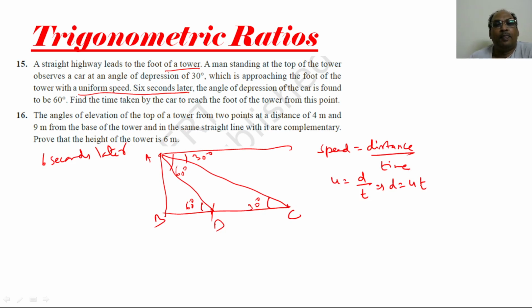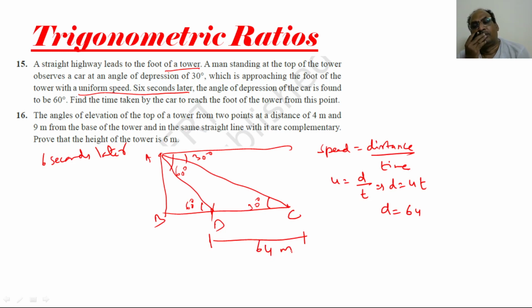Right? Angle of depression of the car is found to be 60 degree. So this particular distance, we can say that 6v, so 6v meter.